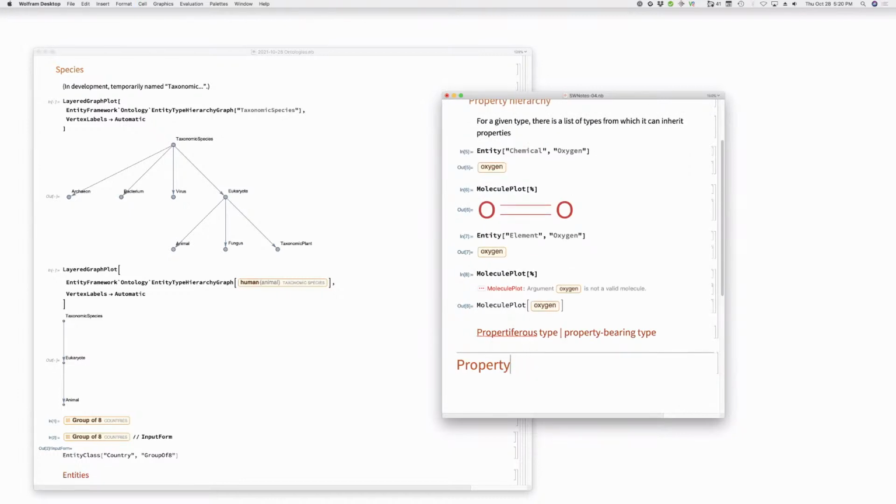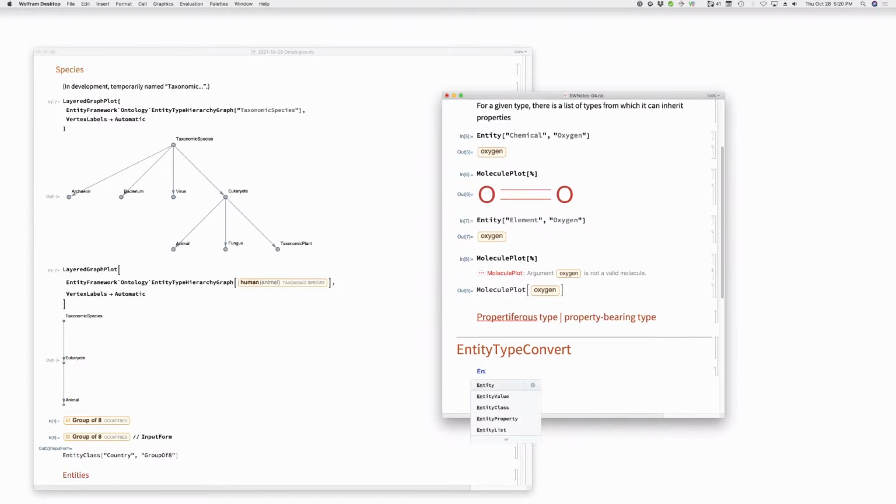Property can, I don't know, no. Okay, well, this is a bad name, but entity type convert. Which could potentially say, I've got an entity, it's a species, it's an elephant, but now I want to convert that.